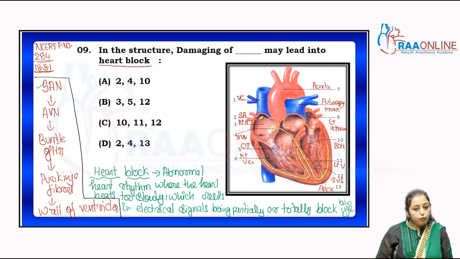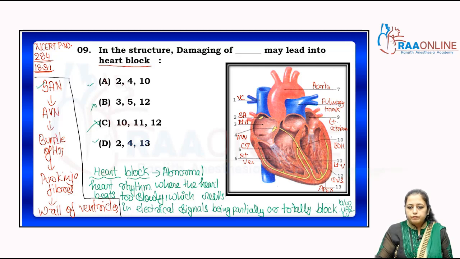Now, which structures, if damaged, will keep us from generating a proper rhythm of the heart? The SA node, that is 2, which is given in two options, so B and C are cancelled.